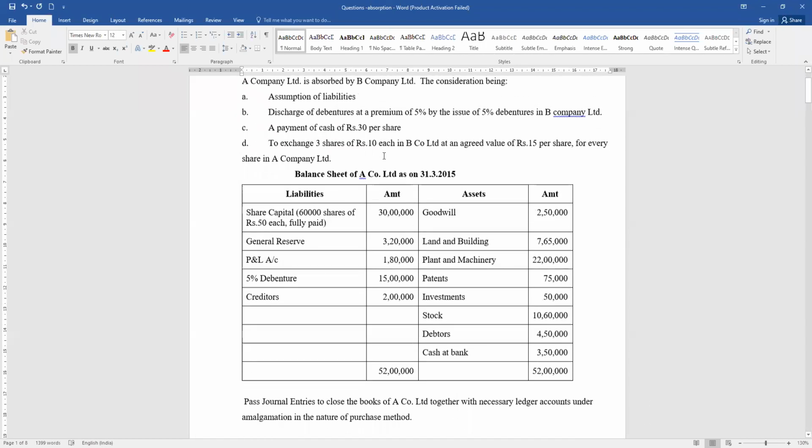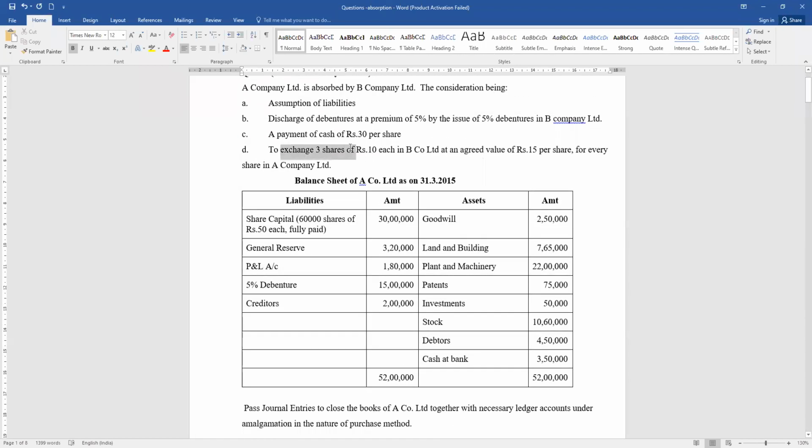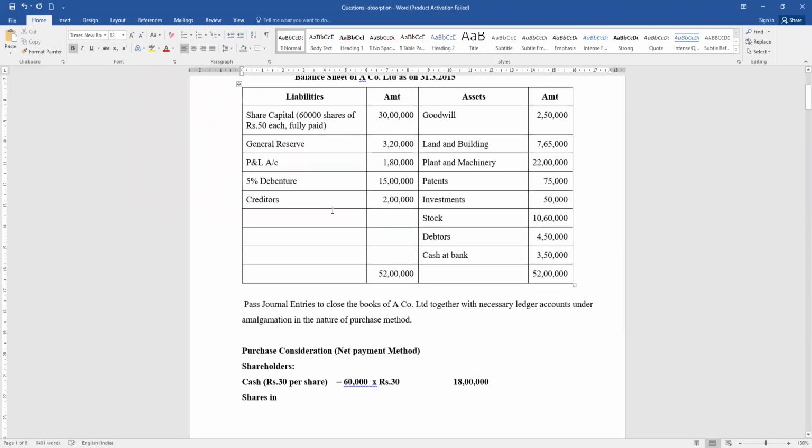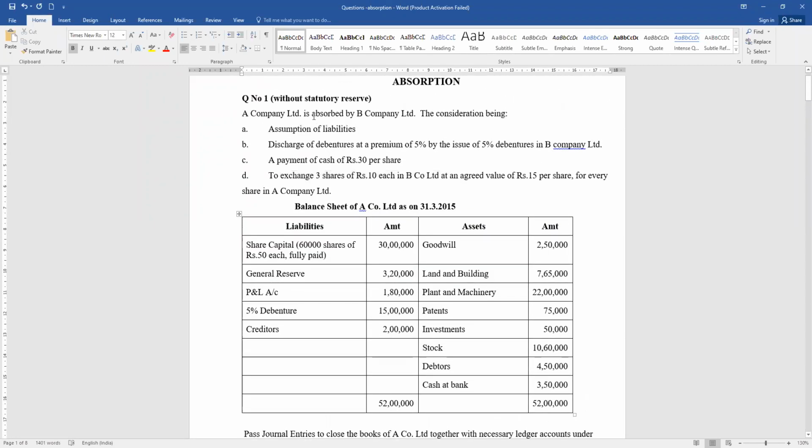Next is, not only that, they are going to receive 3 shares of rupees 10 each, but at an agreed value of 15 per share for every share in A Limited. So they are going to receive shares in which company? What is the new company name? Who is absorbing? Absorbed by B Company.